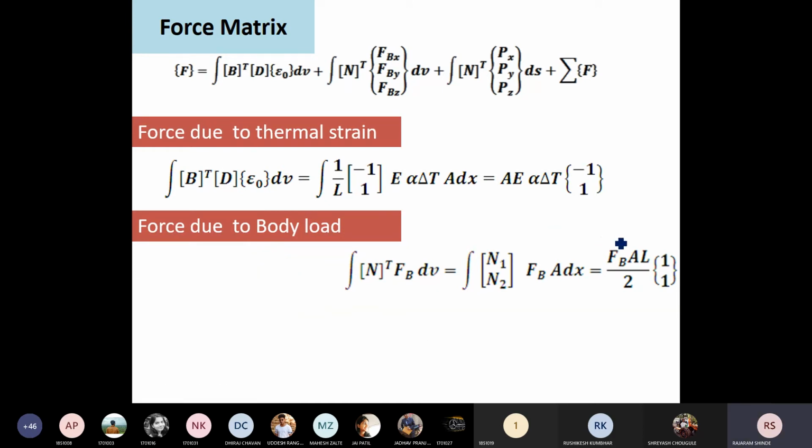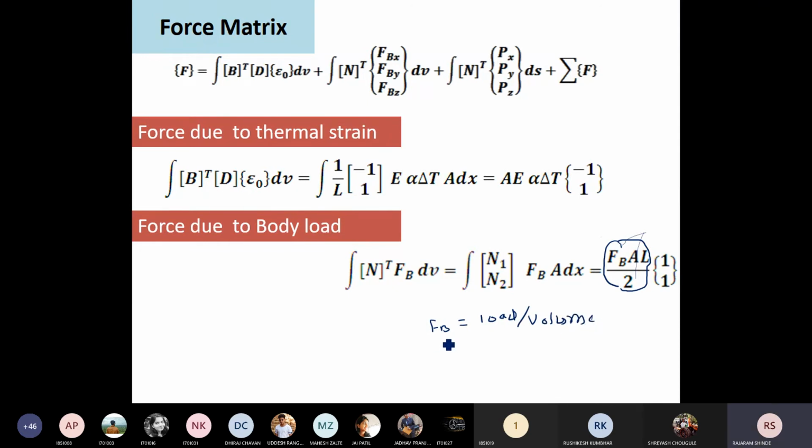Now you observe this equation. What is FB? If we consider the body force or weight density, it is load or weight upon volume.